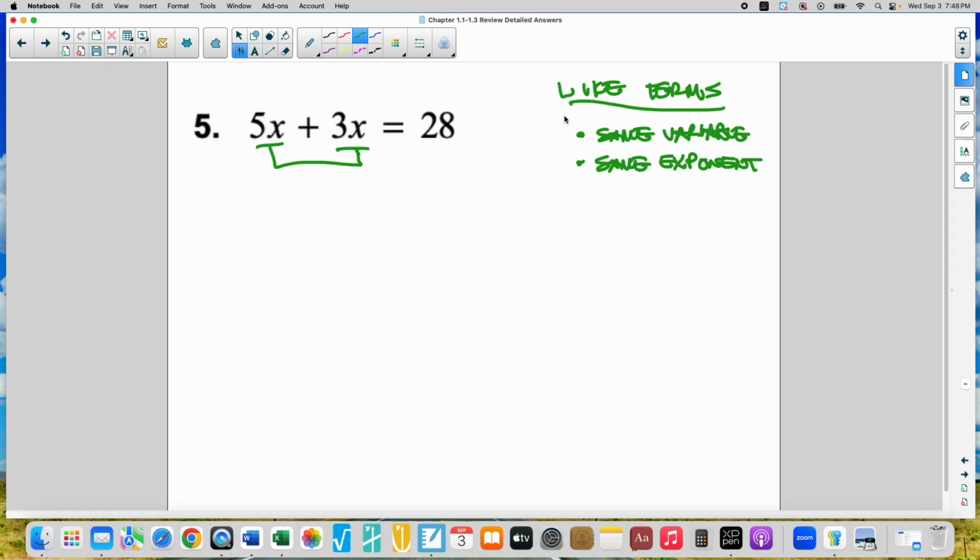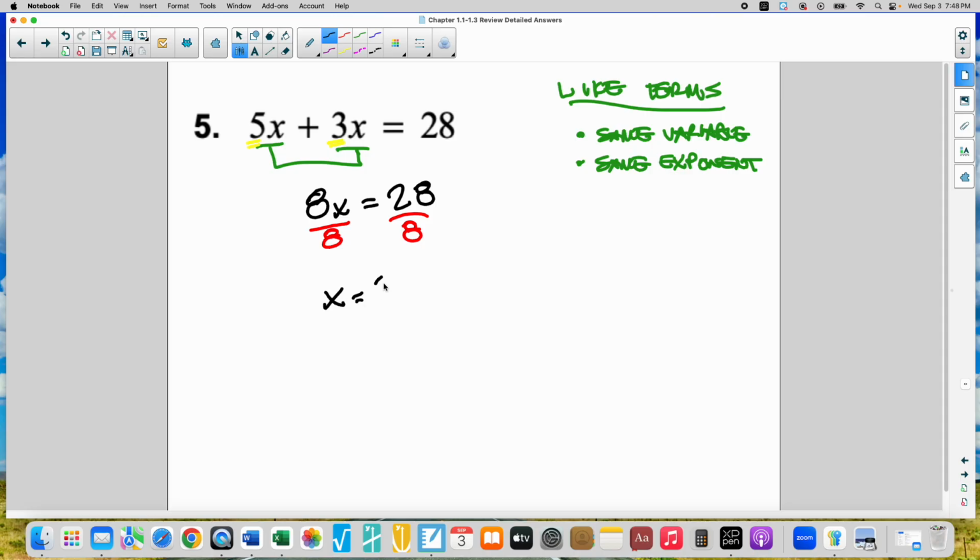And when we have like terms, we combine their coefficients. The coefficients are 5 and 3. If you have 5 X-ray machines plus 3 X-ray machines, you have 8 X-ray machines. And now 8 is multiplying. The inverse of multiplying by 8 is dividing by 8.